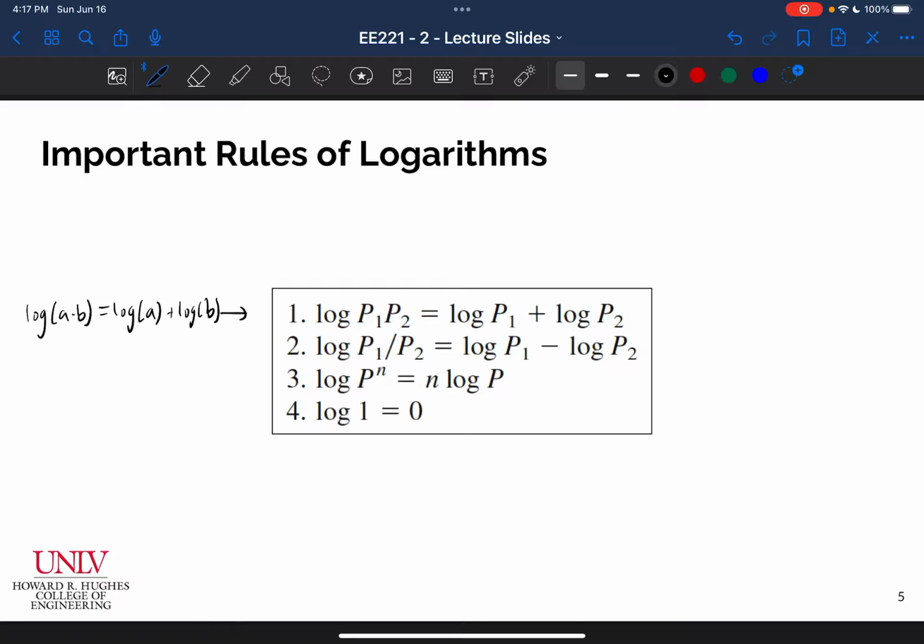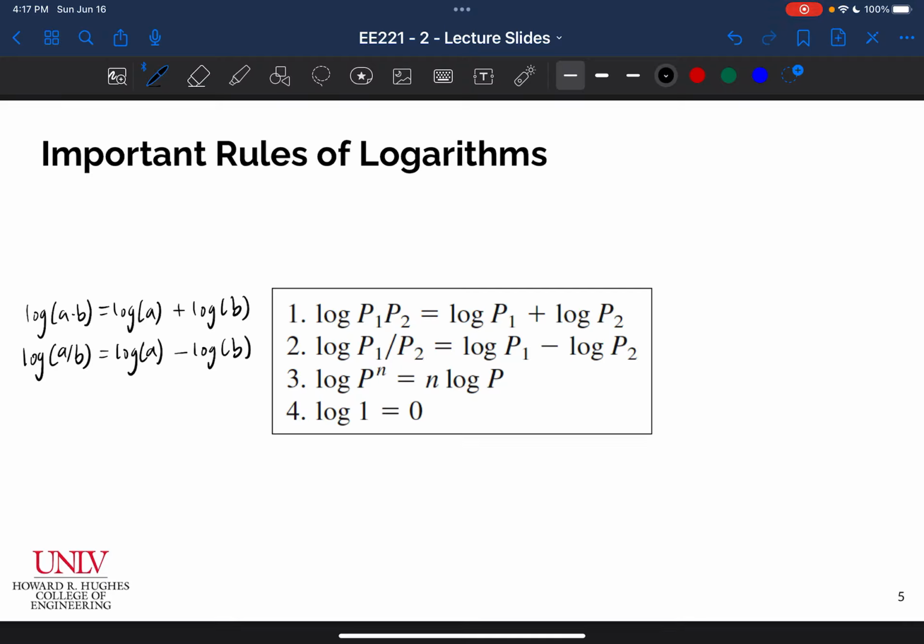Okay. Let me get rid of my arrow here so I have more room. So that's basically saying I can separate two things that are multiplied by each other into a sum of the individual logarithms of those things. And the same goes for a quotient. So if I have the log of a over b, I can take that to log of a minus log of b.